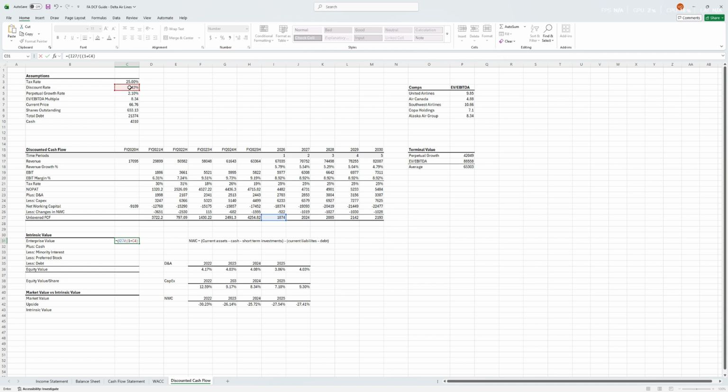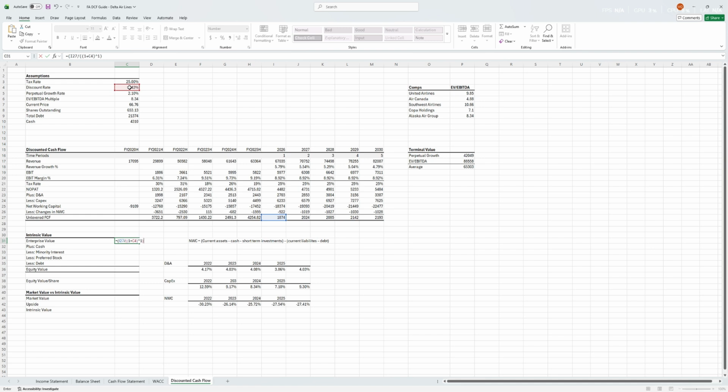And then we're going to put that to the exponent of how many years we're discounting. In this scenario, 2026 would just be 1 year to discount it. Boom. So that'll be our discount right there.